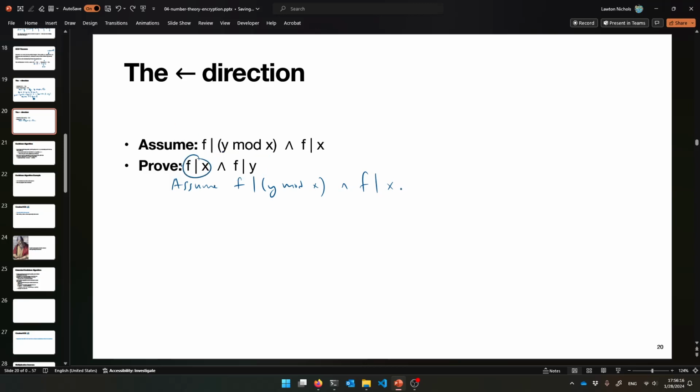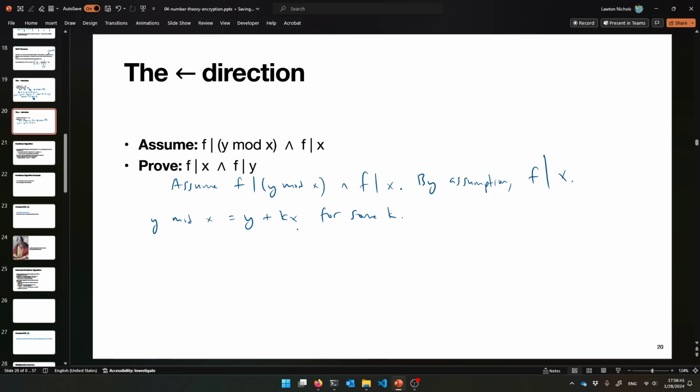Well, we can show this one very easily again, because by assumption, we're assuming f divides x, so obviously f divides x still if we're assuming it. By assumption, f divides x. And then, all right, let's break down y mod x again. y mod x, we know what that means. y mod x is equal to y plus kx for some k.